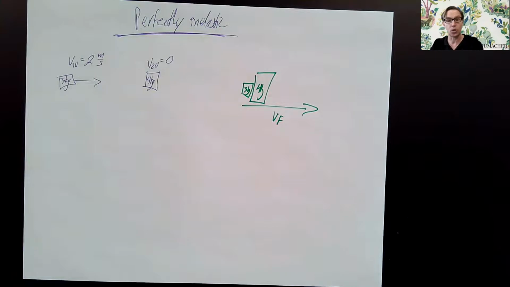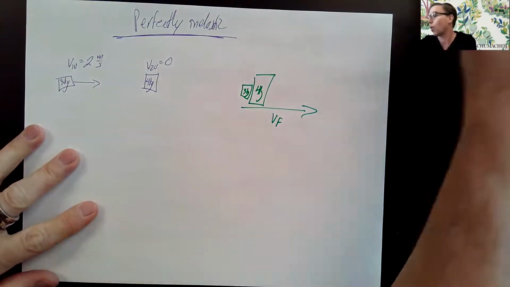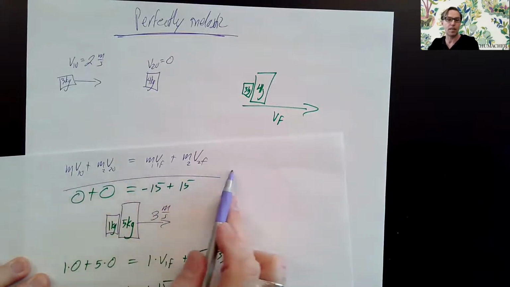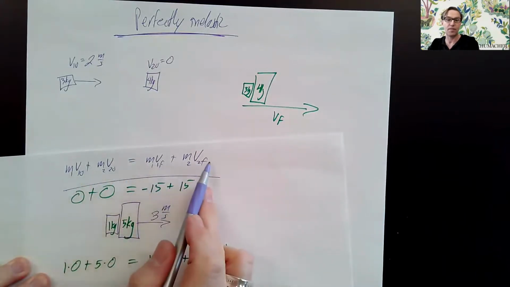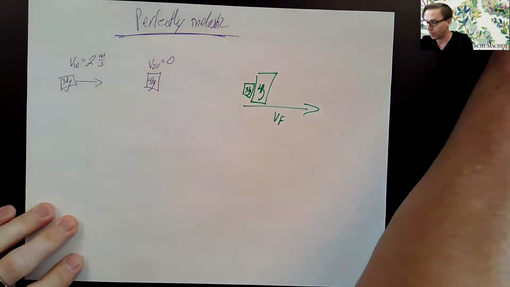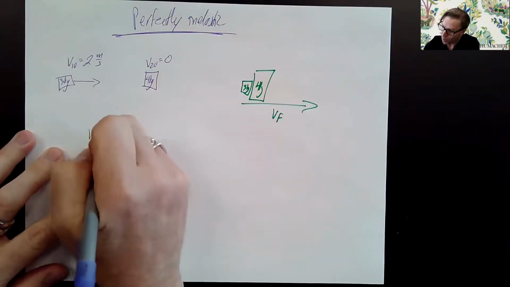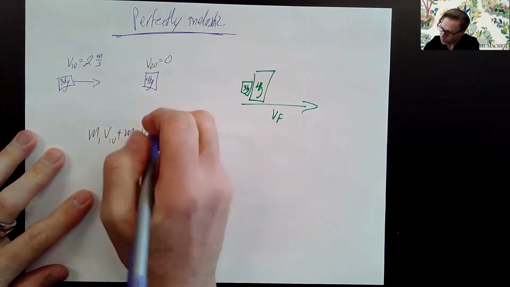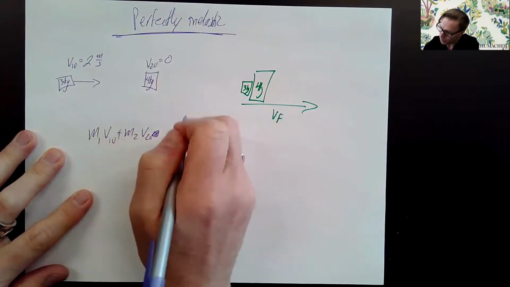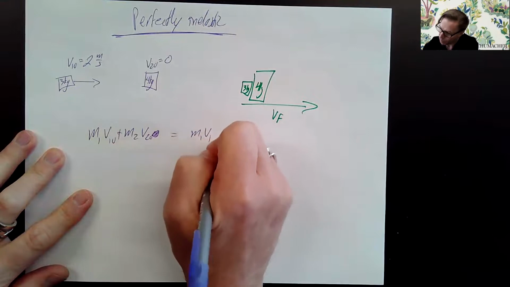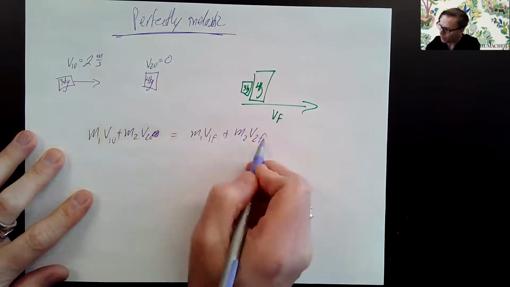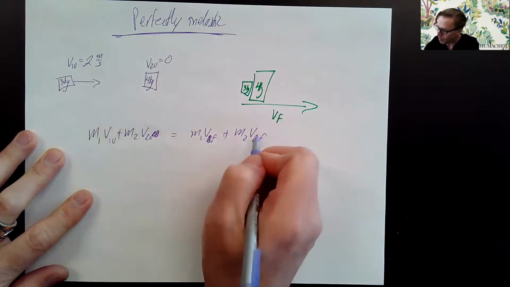So let's do our work here with our law of conservation of momentum. But V1 final and V2 final are the same number. So I've got M1 V1 initial plus M2 V2 initial equals M1 V1 final plus M2 V2 final, but V1 final and V2 final are the same.